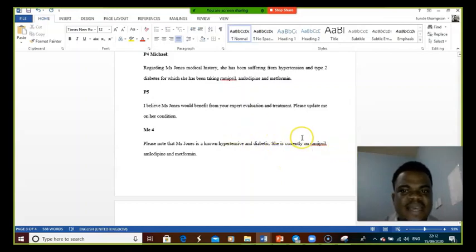Another example is Fortwin. What's the generic name of Fortwin? Yes, pentazocine is the generic name, so use small letter. But Fortwin is the brand name. You use capital letters. So that's the reason for this small letter.